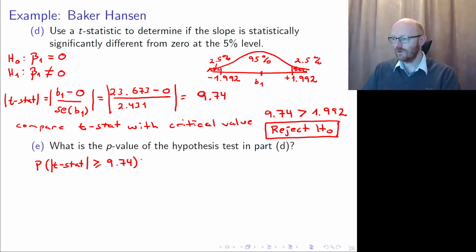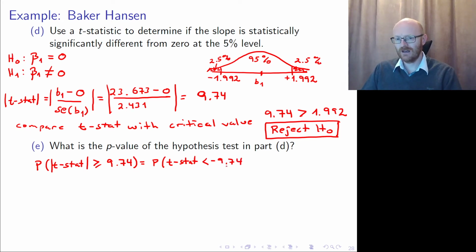So what would this probability be? It would be the probability of getting a t-stat of less than -9, it should say. Let's see.